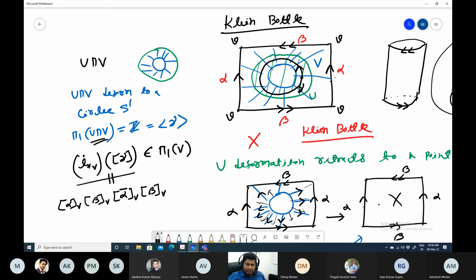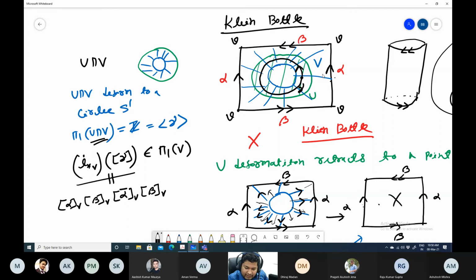No, sir. No? Why? But see, this is your circle. Can you see the cursor? Yes, sir. So this is your circle. Now this is a circle in U intersection V. But this is in V as well, right? Because it is in the blue region as well.